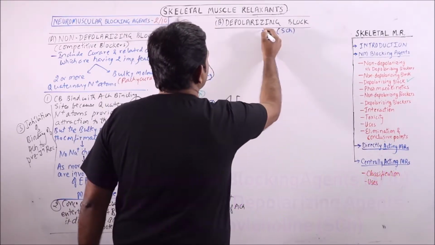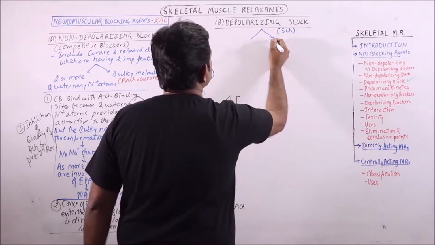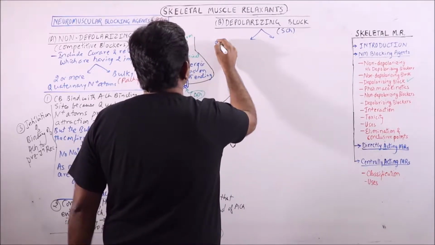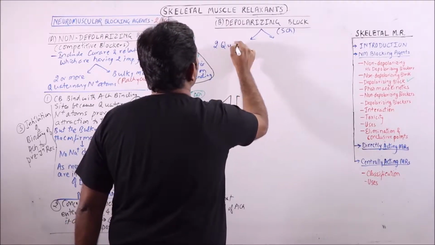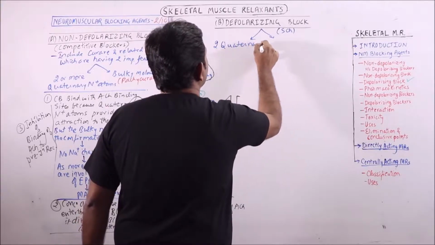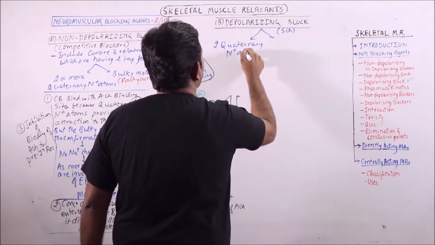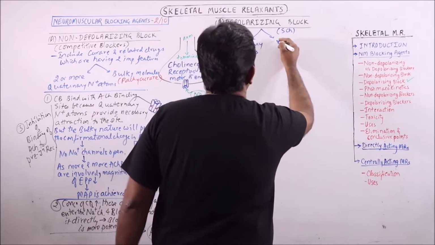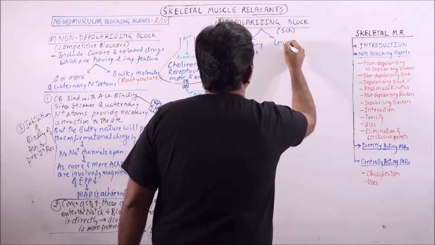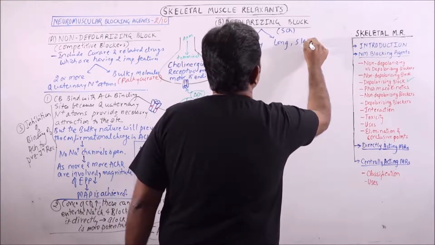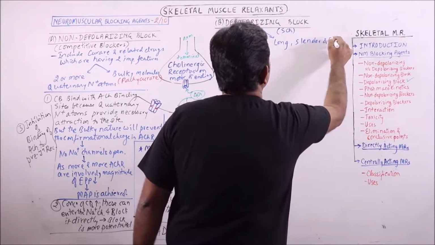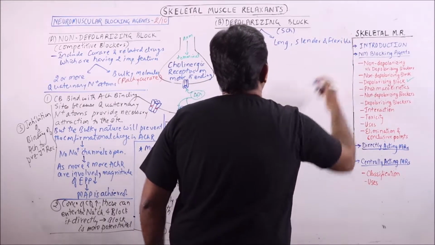These molecules have two important features. That is, these have two quaternary N plus atoms. Another thing is that the molecules are long, slender and flexible.